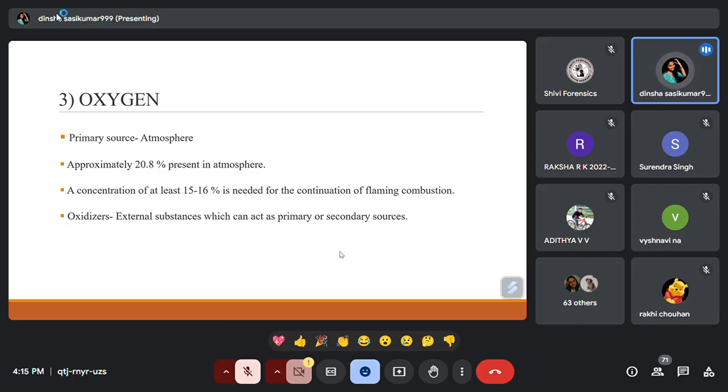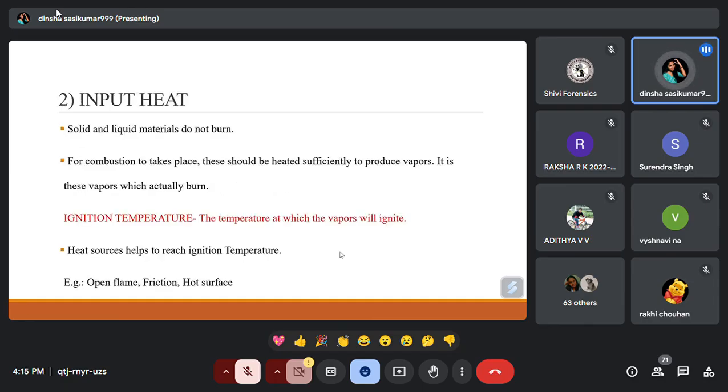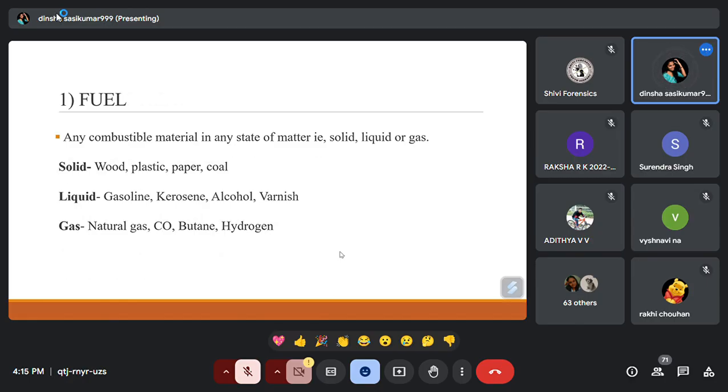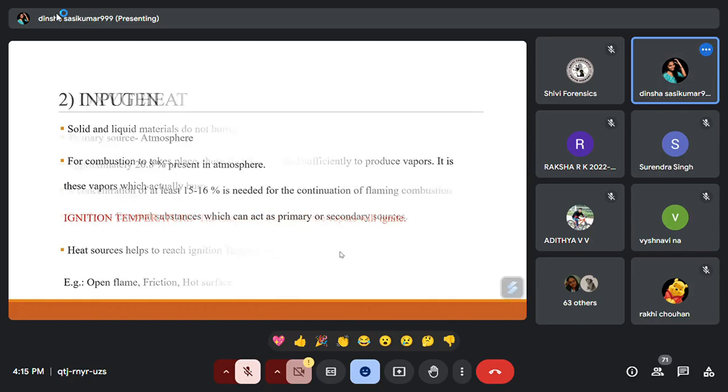So these three, fuel, input heat and oxygen, make a fire triangle.